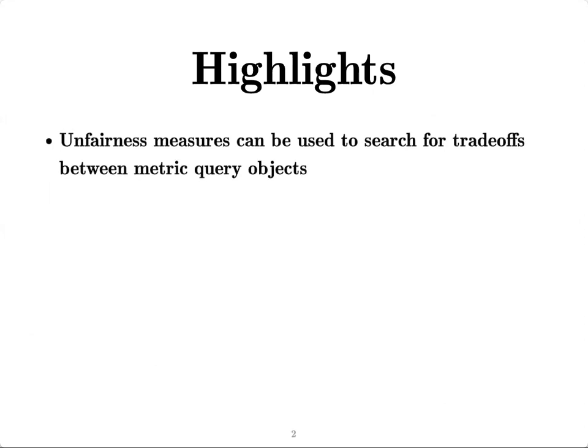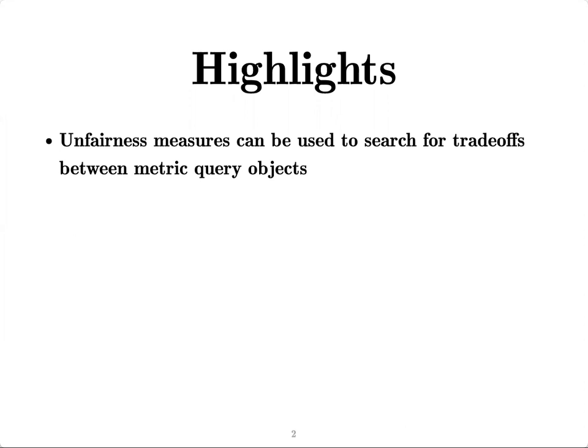The main points of the paper are that existing unfairness measures can be used to search for objects that are fair trade-offs between multiple query objects.